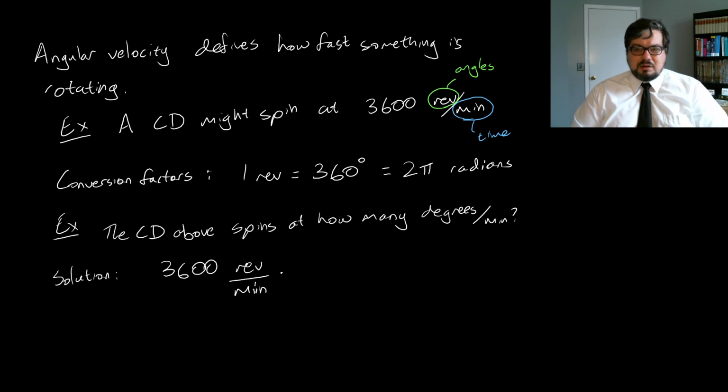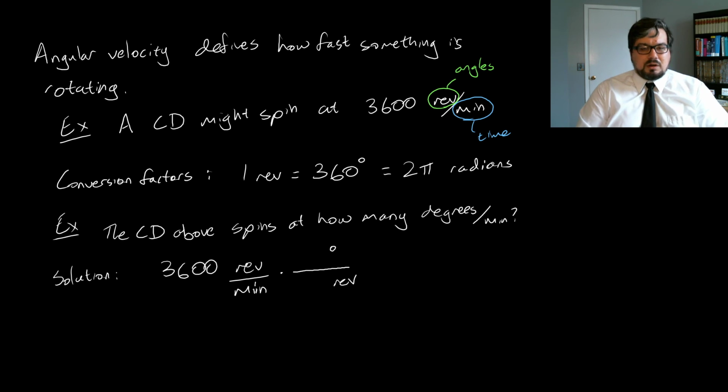This is the quantity we started with, and now we want to multiply it by a conversion factor that will change it into degrees per minute. So in particular, notice that the minutes are the same. We don't have to change the time part of the unit at all, but we want to change revolutions into degrees. So we want revolutions down here and degrees here.